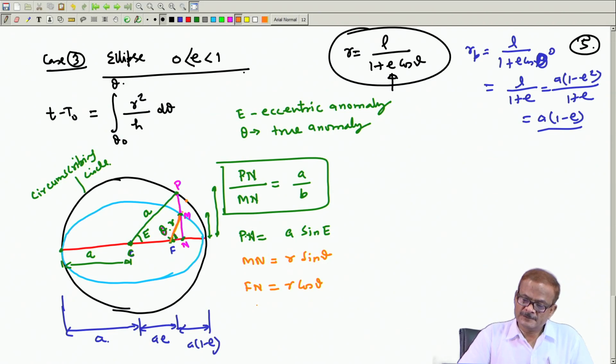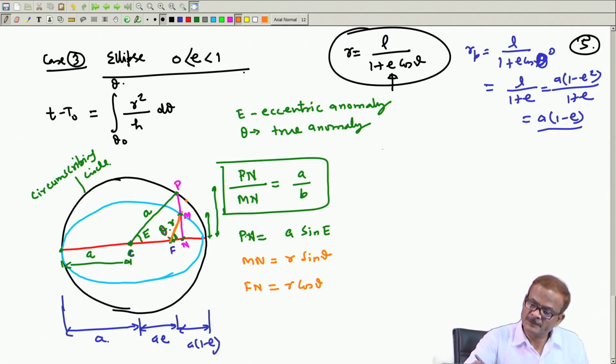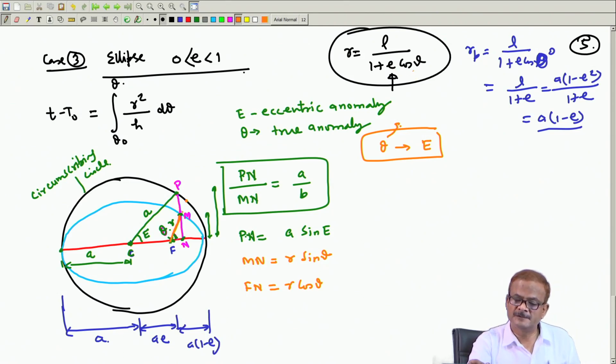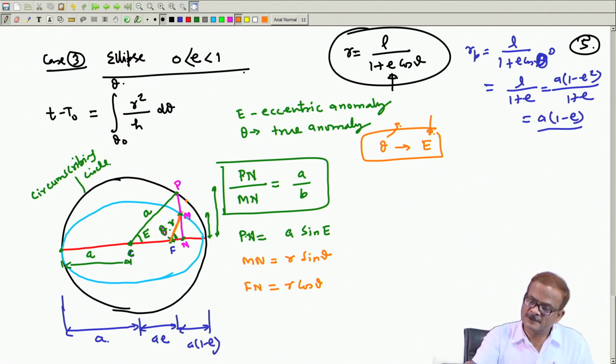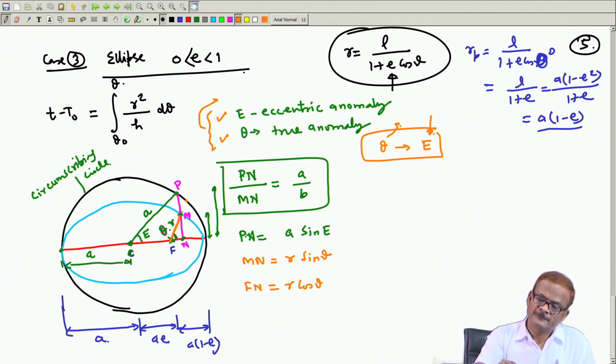Using these details, we will be able to replace this theta in terms of E. We do not want to work with this theta, because once we work with theta, E is appearing. So, our objective is to eliminate this E, and in that context we introduce another variable, calling this the eccentric anomaly. The true anomaly and eccentric anomaly both are physical quantities.